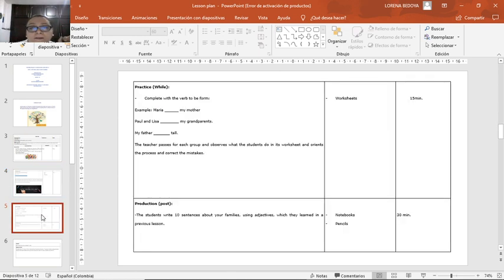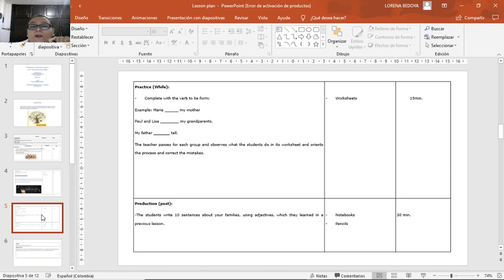And the practice. The students must complete with the verb to be, like a worksheet. For example, after they check the family tree, they are going to fill in the blank with the correct verb to be according to the family member.